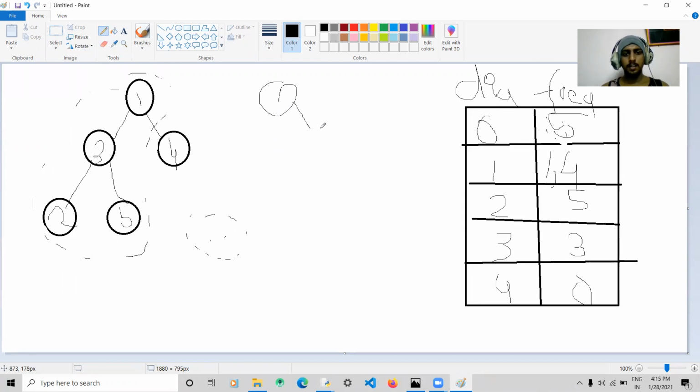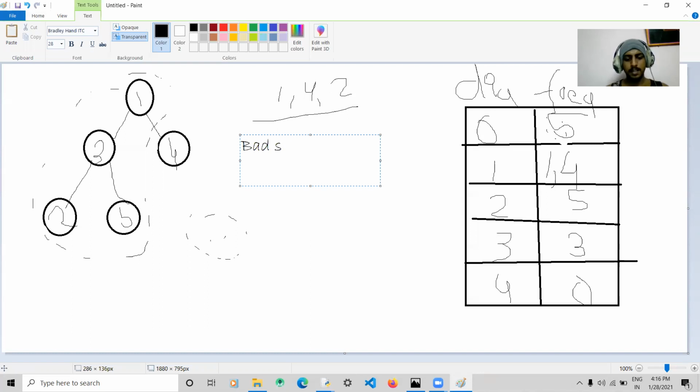You are assuming that 1, 4 and 2 forms a subtree, but this is not possible, because to have this, you need to delete this, so when you delete this, the connection here gets broken. There is nothing that connects 1 and 4. So a set like 1, 4 and 2 is a bad subset, because it can't form a tree, because it is not a subtree.